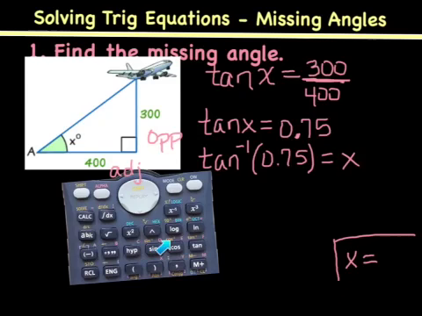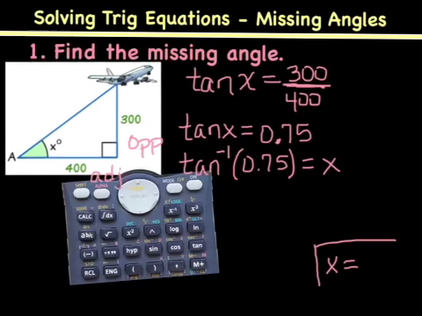Inverse sine, inverse cosine, inverse tangent. And the way you get to those on your calculator is you have to use the shift button. So you'd push shift, then inverse tangent, and then your number here, and equals. And guess what? It's going to give us the angle that we need. It's pretty cool.